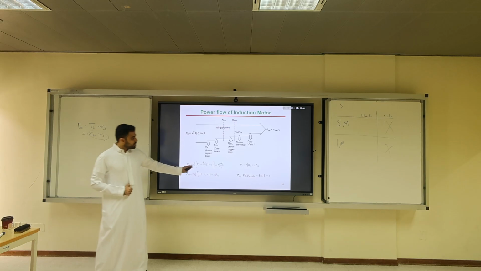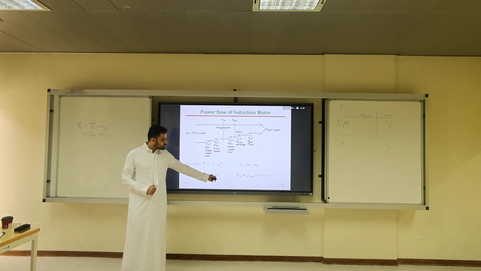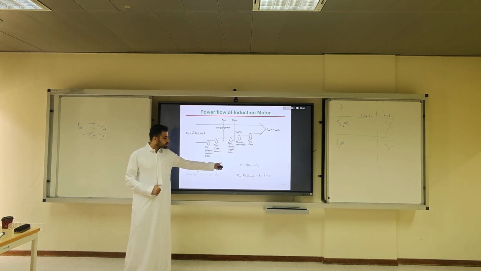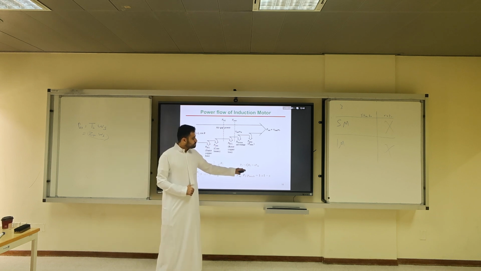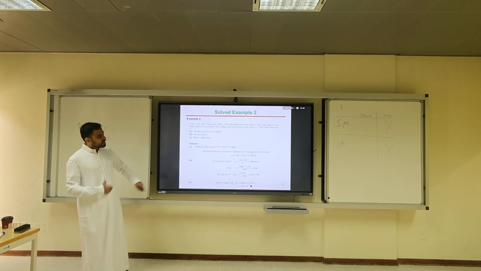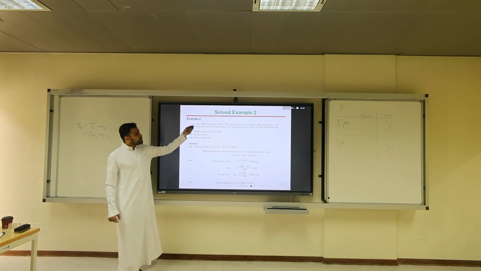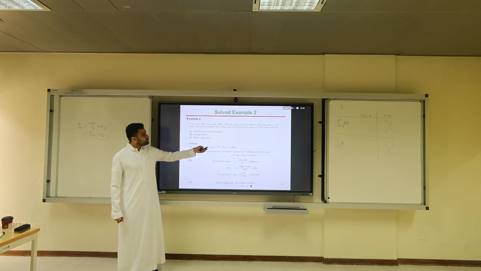So the equation, if you remember from 360, for example, mechanical power is 1 minus S times air gap power. Air gap power is I2 squared R2 over S. These are the other two powers, which have to do with the slip. So this is another example that is probably good to know. What is 15 horsepower? It is full load.